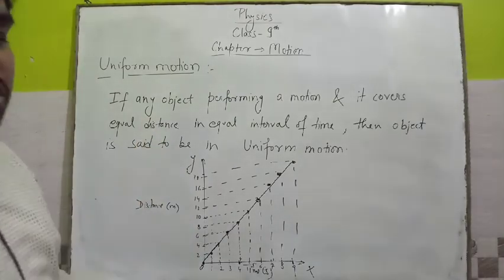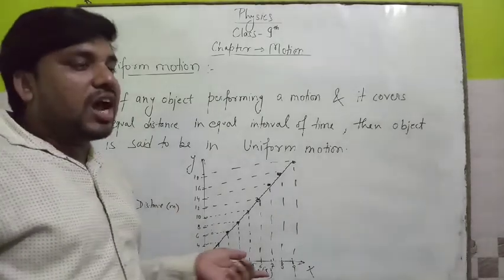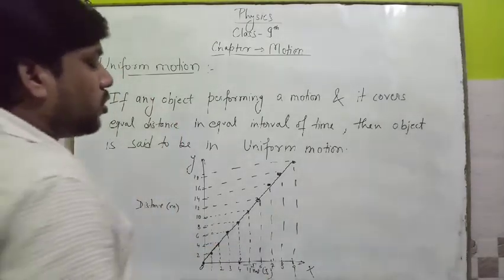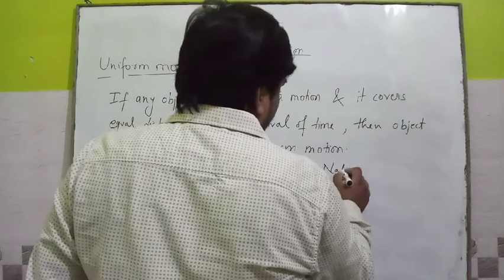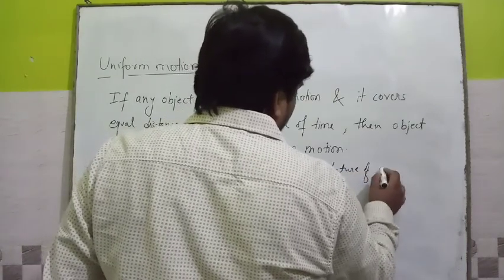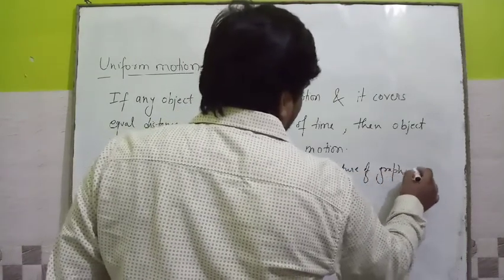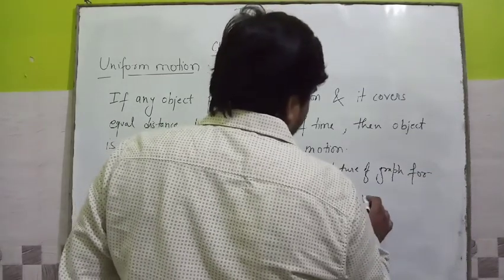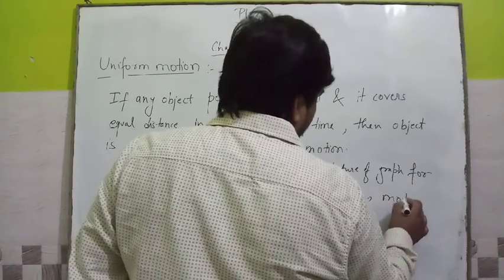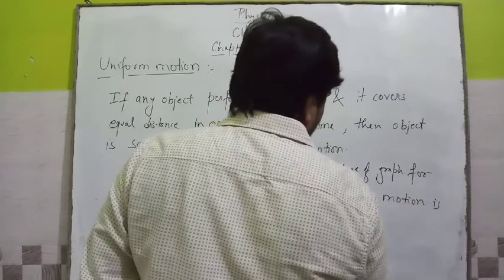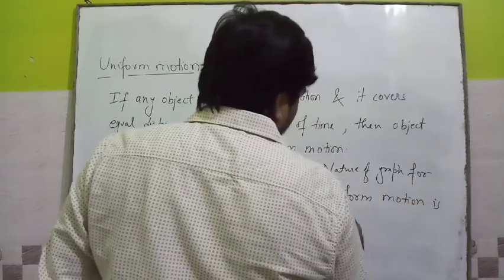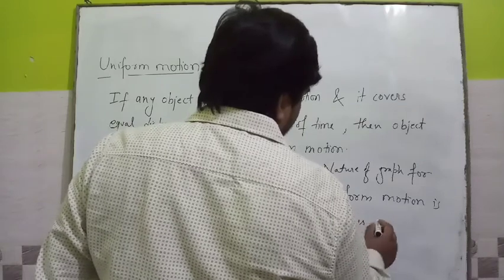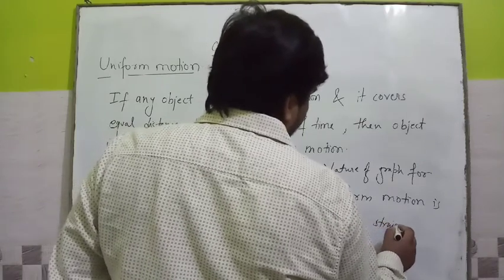So if anyone asks you what is the nature of the graph for uniform motion, you write: the nature of the graph for uniform motion is always a straight line.